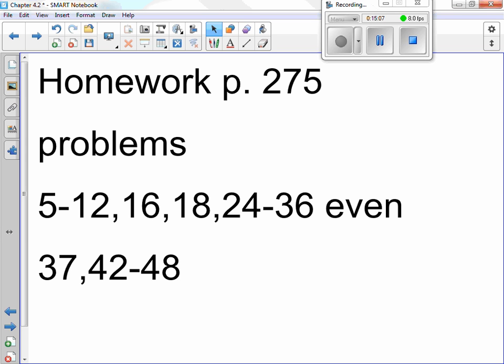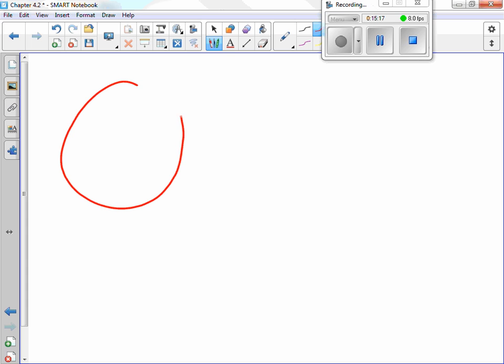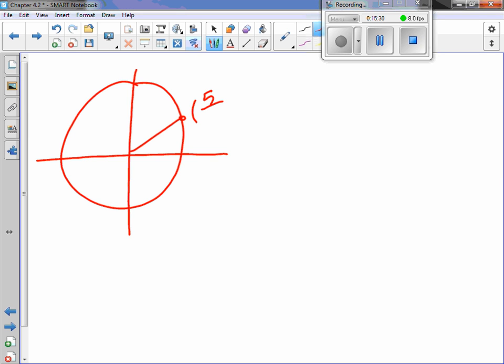So if we start off with 5 through 12, odd, because number 5 is at the point 5 over 13, 12 over 13. And that's the point, yes?